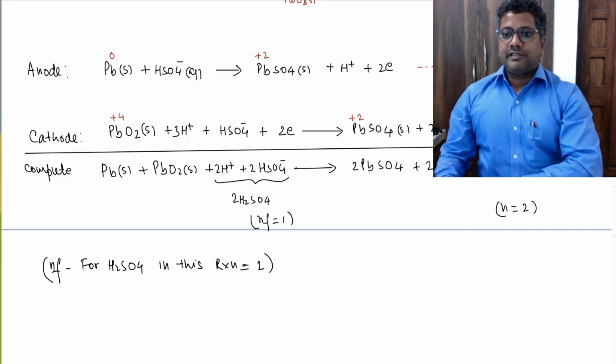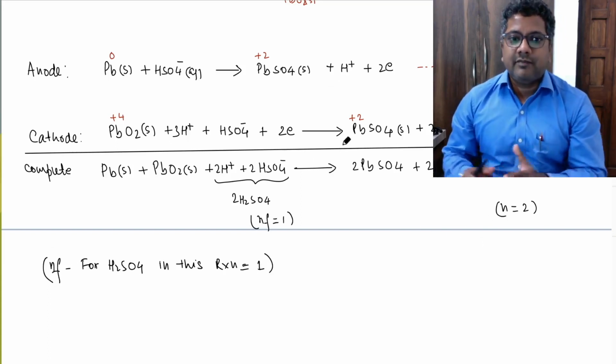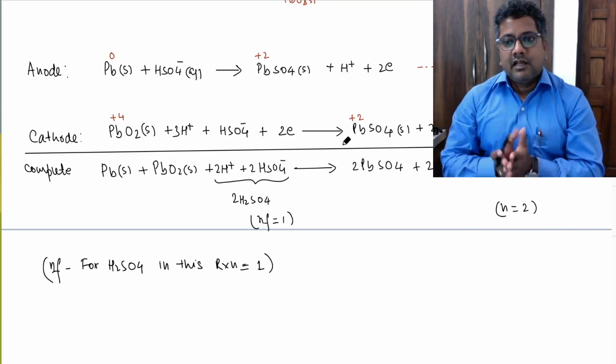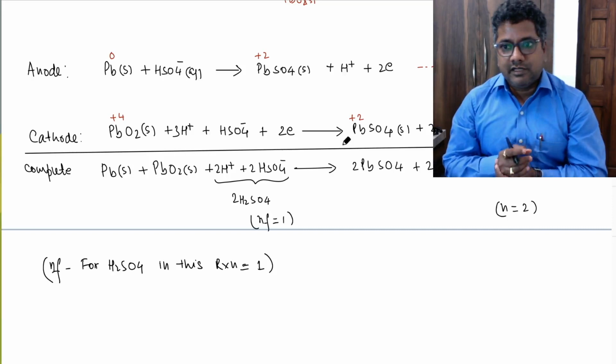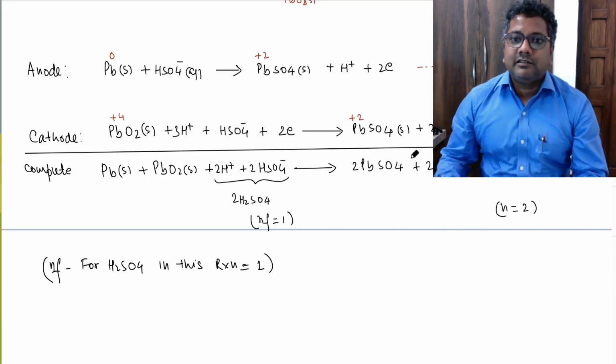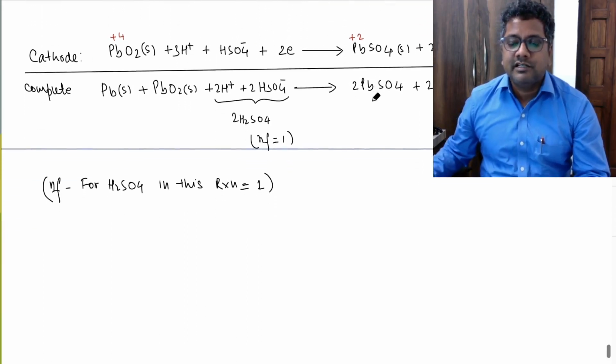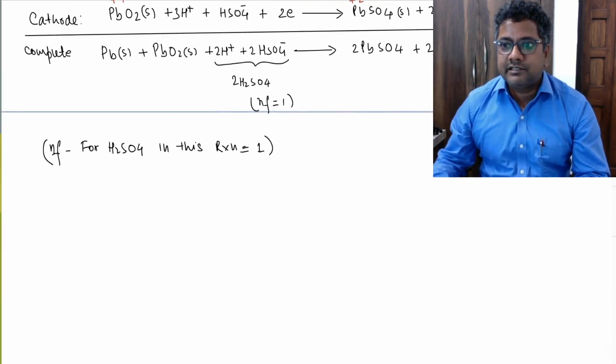Okay, now see, what will happen in charging when this cell discharges. If you want to charge this, then the reactions are reversed. Now this becomes the anode. So when you reverse the first reaction, charging, this is the homework for you.